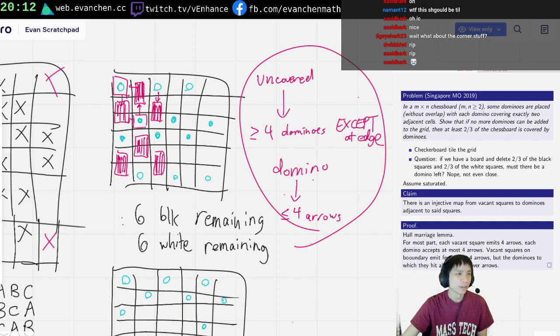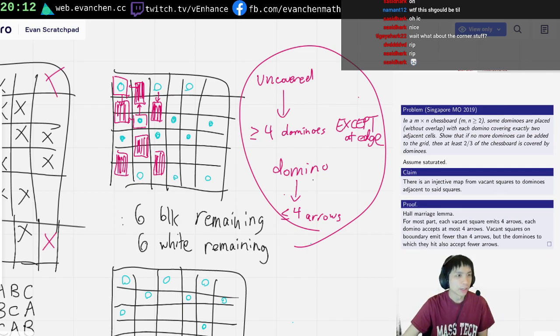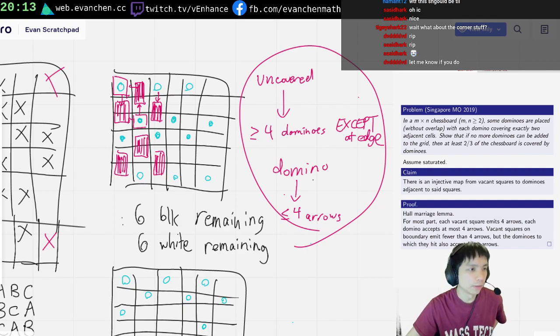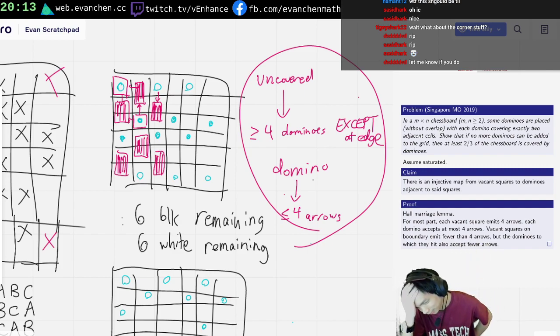Okay, so every edge square actually, if I have this guy on the edge, then this guy and this guy accept one. It emits one fewer arrow, but there's two. Oh shoot, no. Okay, no.